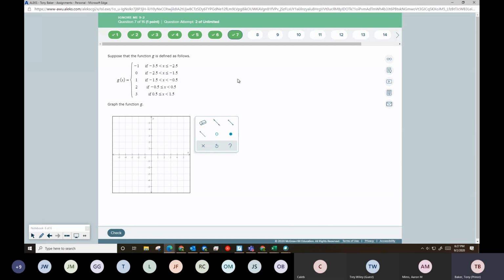Basically, this first line right here gives me 2 points. It gives me -3.5 as my x, and my y is -1. And then another point is -2.5, and my y is -1. So those are the two endpoints of my graph.